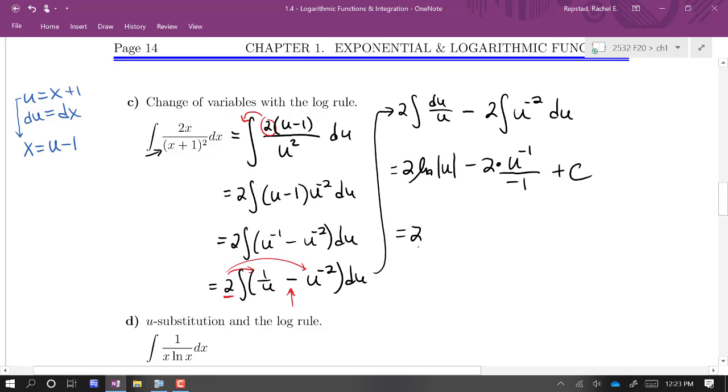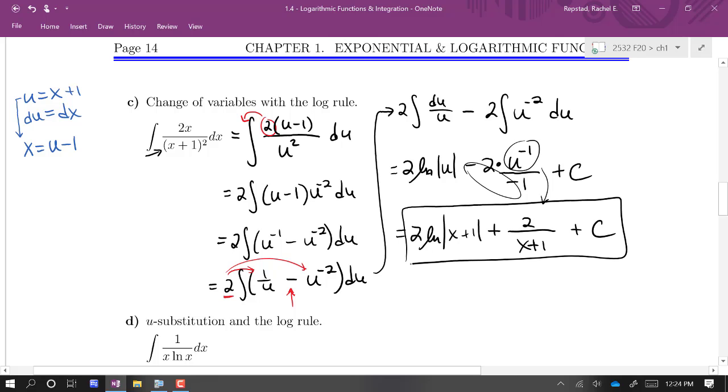So I've got 2 ln absolute x plus 1. Now this next term is going to be a plus 2 over x plus 1. That u to the minus 1 here, I threw that back down in the bottom, plus a constant. There is our integral.